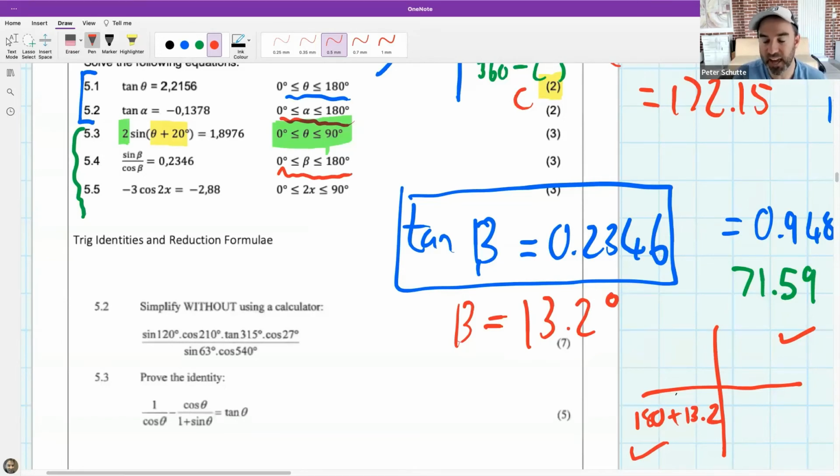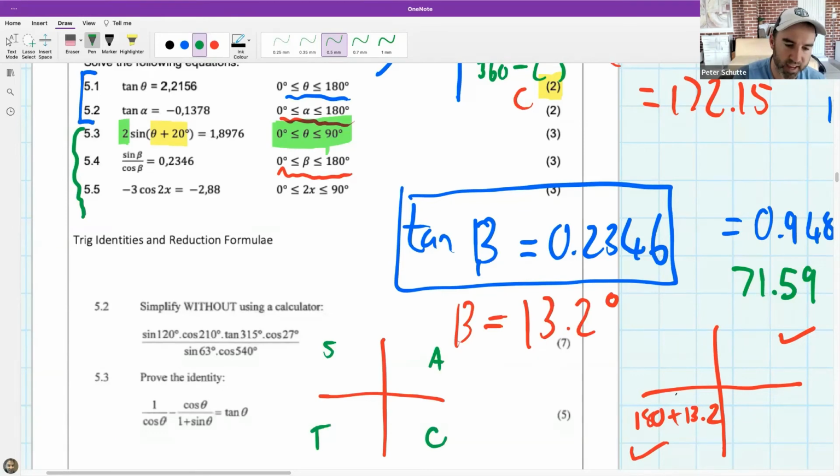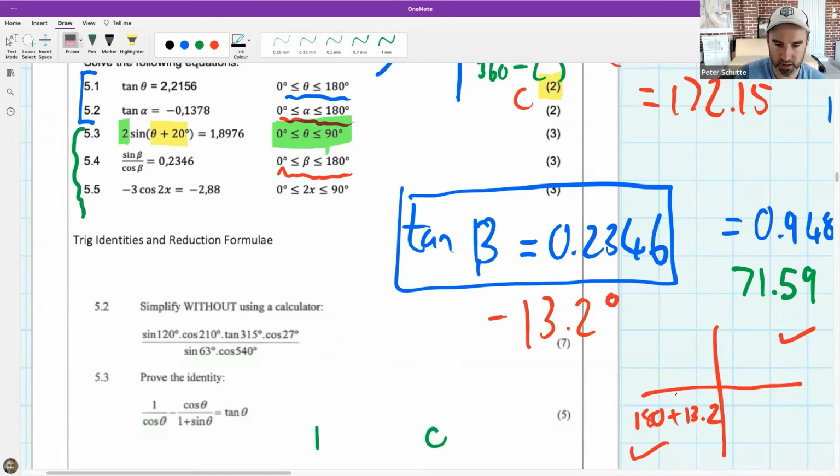So Nortila, be careful. Tan is positive, and so tan will have to be in quadrant number 3. Give me a thumbs up if you know what I mean. If we go back to the CAST diagram, this tells us where the trig ratios are positive. Tan is positive in quadrant 3, which is this one, and positive here. So that's why we can't go 180 minus.